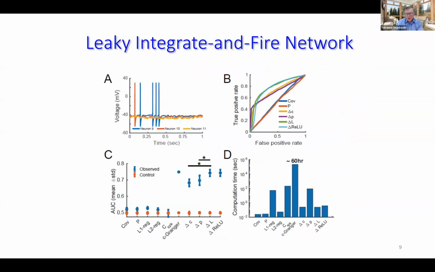Okay, we wanted to try it out on other ground truths, and we put together a very simple leaky integrate-and-fire model. Now this is applying it to single neuron models, and you can see that you get nice spikes for a couple of neurons, and we applied a wide range of covariance methods of various sorts, and then here are our new dynamic differential covariance methods.